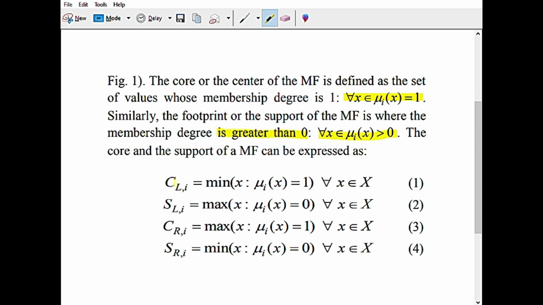C stands for the core. And equations 2 and 4 describe the left and right footprint of the membership function. So here we use this formula to find the membership function.